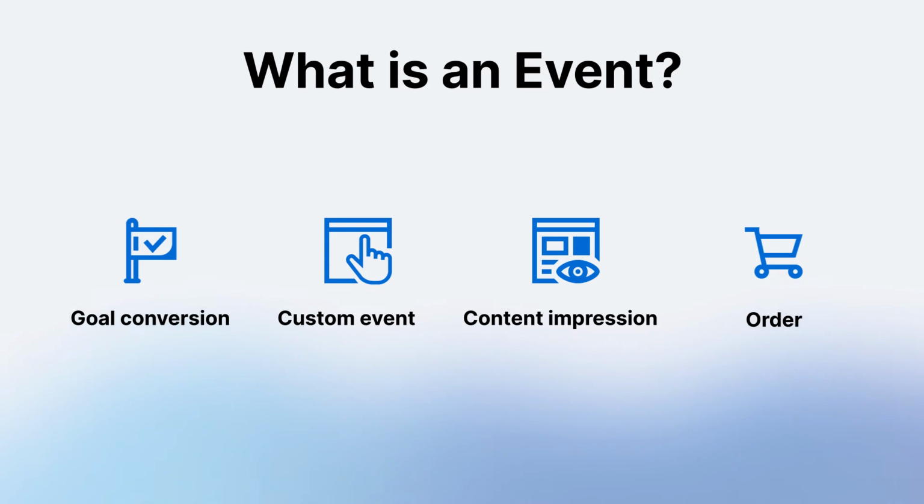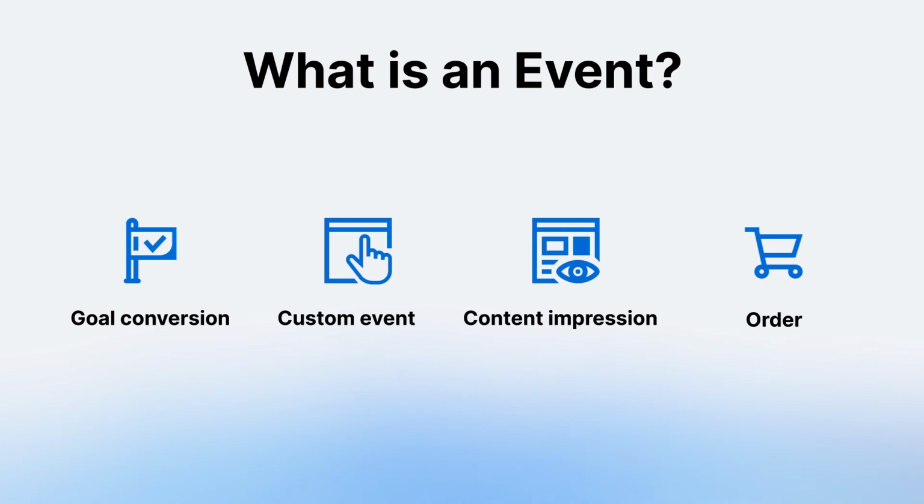Next, there's a custom event, which is also an important event type, under which comes a variety of many different interactions that we may have decided to track, like scrolls, clicks, form submissions, and so on. It may not be as important as a goal conversion, but we do track it because it provides us with some extra insights on the visitor's behavior. Content impression is another event type that we may decide to track.